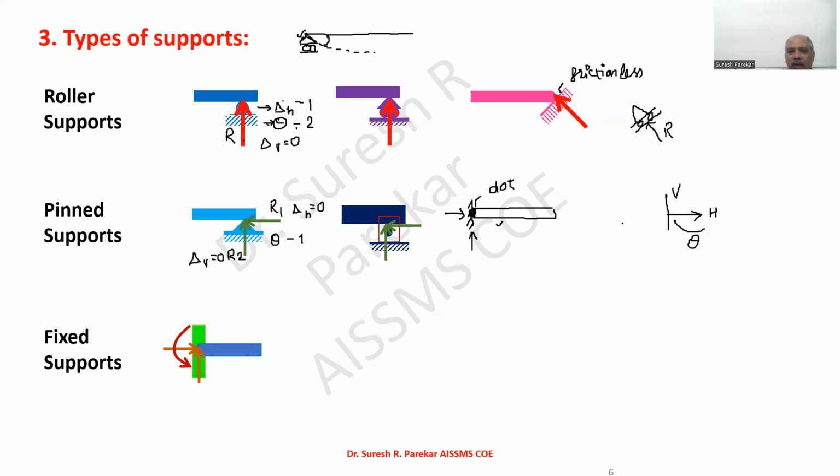And so totally if you see, in all cases, you will get 3. You can have one reaction, then two displacements, 1 plus 2 is 3. Here you have two reactions and then displacement is 1 only. So total is 3. Here no displacement, so we have 3 reactions, total is 3.